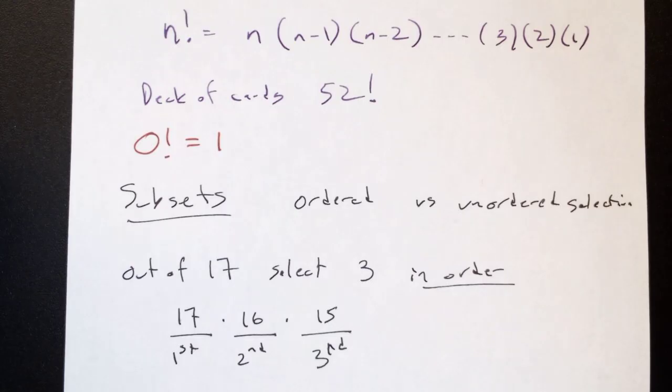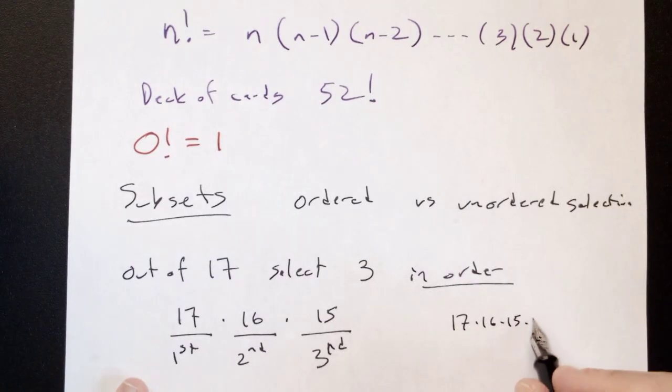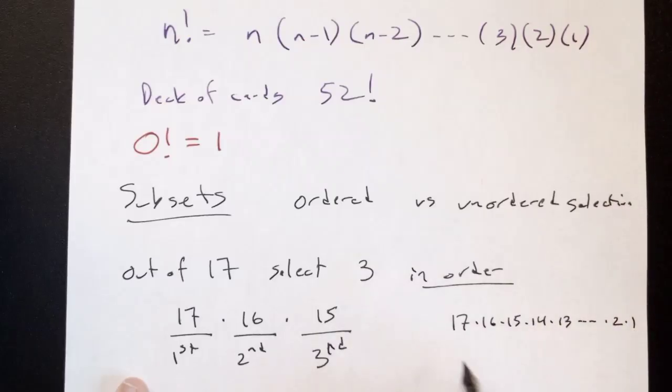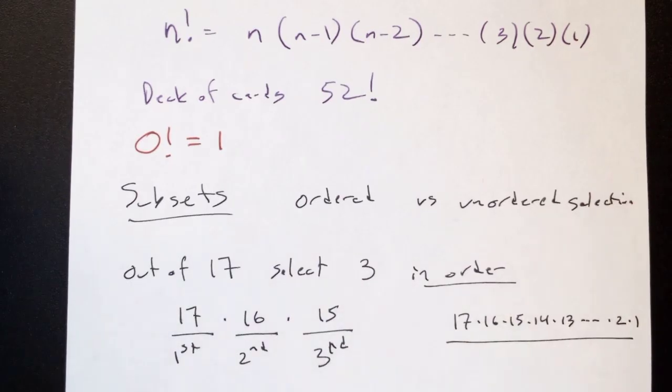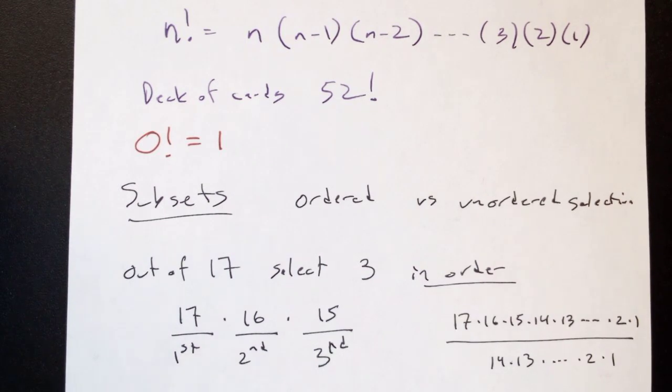So the other way I could think of this is taking everybody and chopping off the last 14. Chopping off in this case, I'm going to divide so it cancels out.